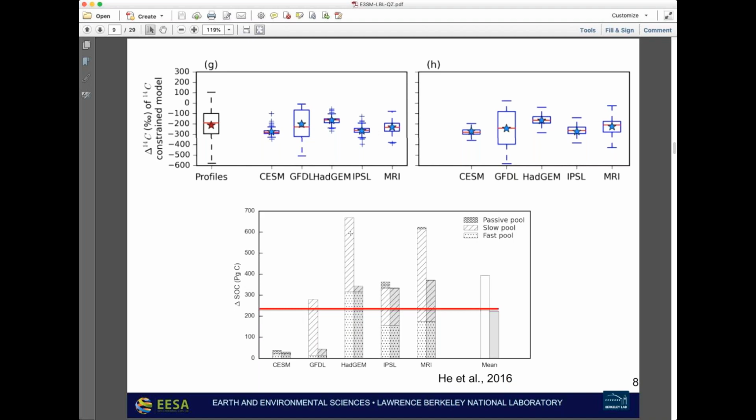That's the mean value of different models. Of course, some models have very high bias correction, and some models don't. But the mean correction is about 250 petagram. So that's a very good example of how we can use radiocarbon to constrain 12C given this reduced order model approach.